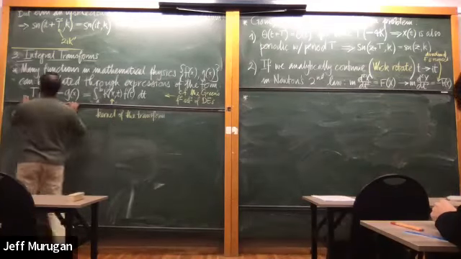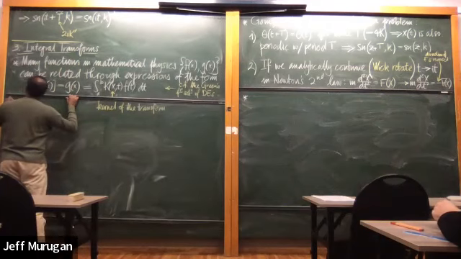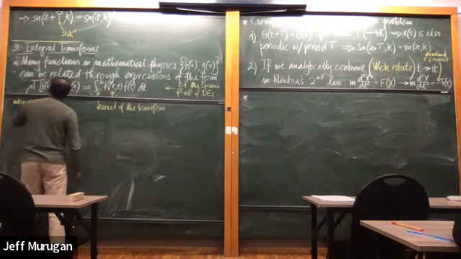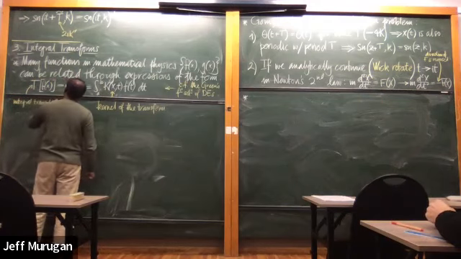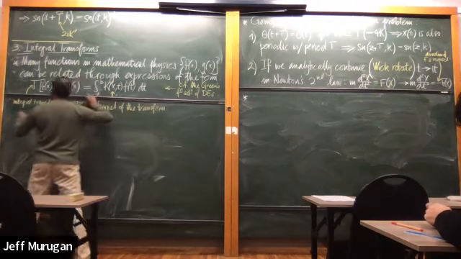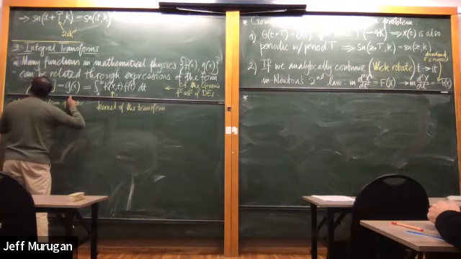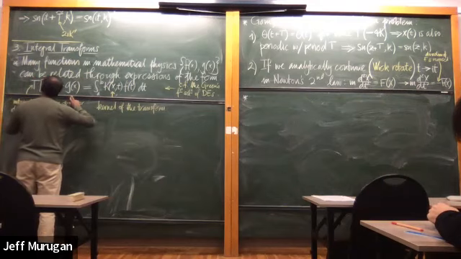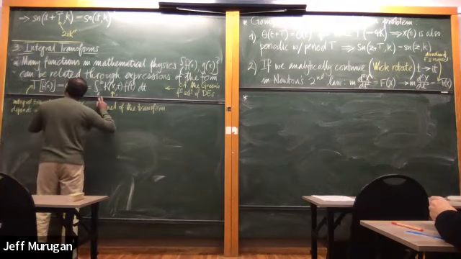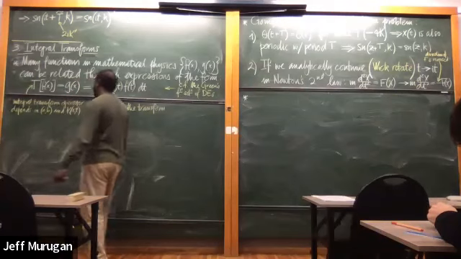This here is called the integral transform operator, and it depends on a, b, and the kernel k of x t.